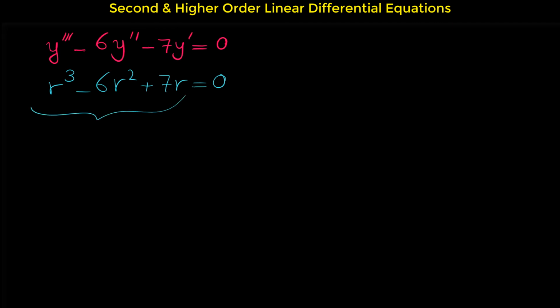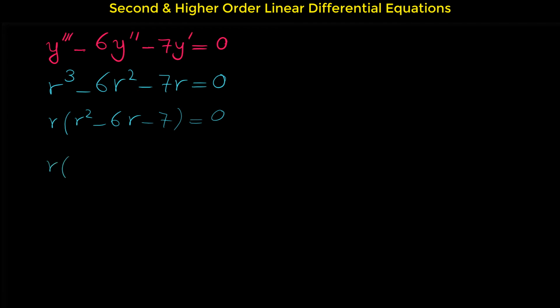For solving this equation, simply we can factor r. r is common between all terms, so we factor r. We have r squared minus 6r, here should be minus, minus 7 equals 0.